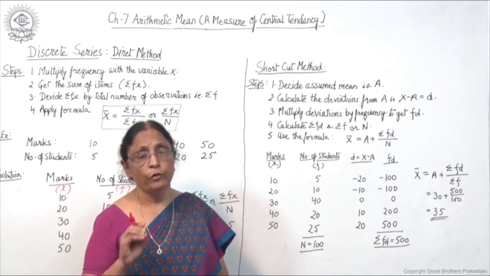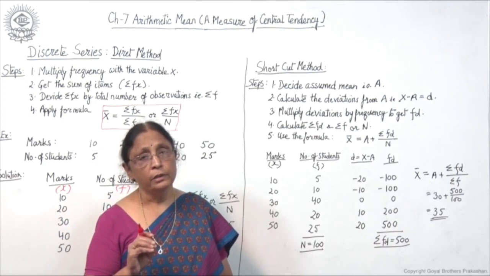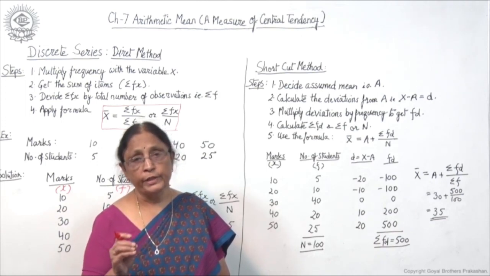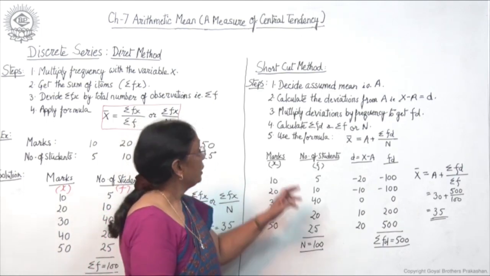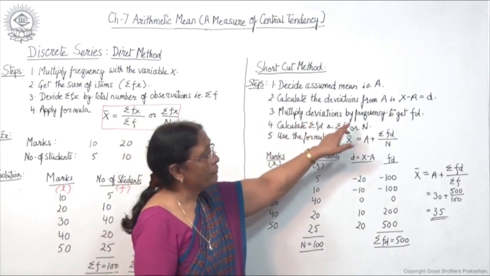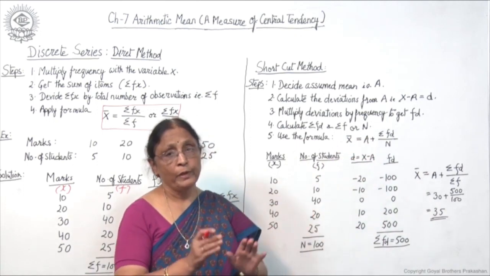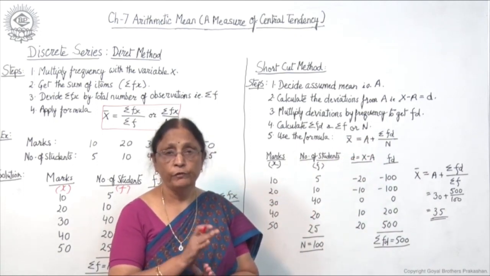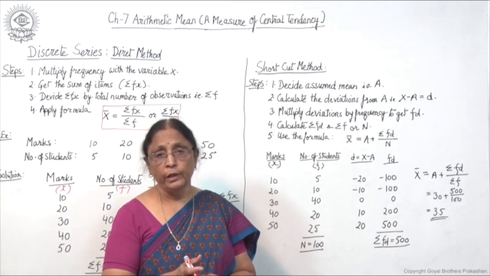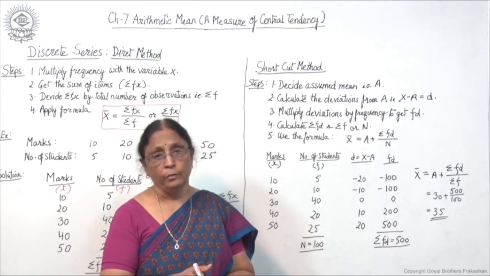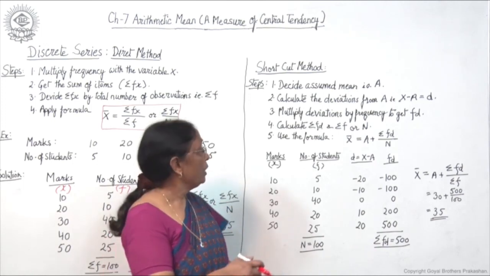Take out the deviation from the assumed mean and you get x minus A, that is d, right. Then multiply the deviations by frequency, that is the d column with frequency, and obviously you will get fd, because d is multiplied with f, right.